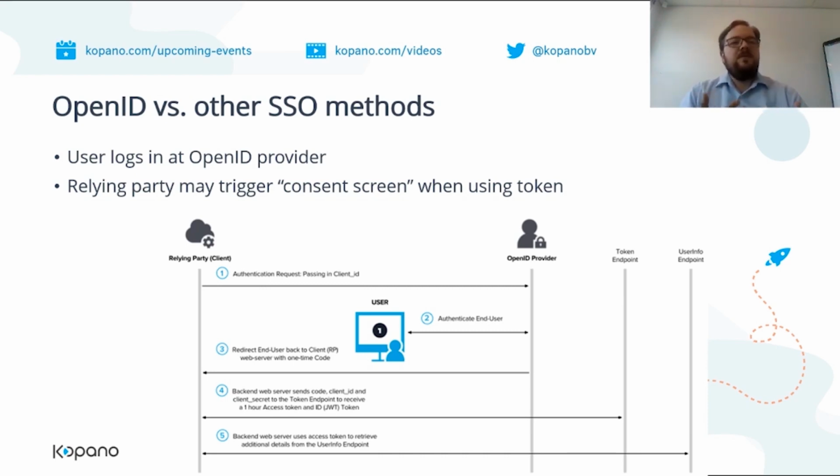So we want to take a small look at how OpenID Connect compares to these providers. Just to say it again, if you want to log in as an application, you say, oh, I want to connect through OpenID Connect, or the configured name of your login provider, and you get back to your OpenID application, to Kopano Konnect for example, and then you can log in there.